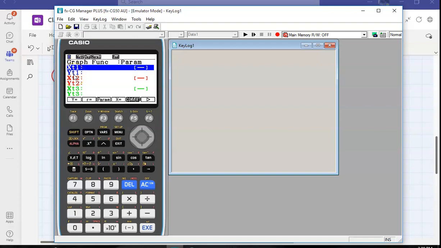Because you've gone and pressed scale, but you haven't actually pressed shift first. See here? If you press F3 and it goes to type, you can actually change. If you wanted to draw a vertical line, x equals, press F4, you can see I've got X equals now. Go back to type. Y equals, we're all good.